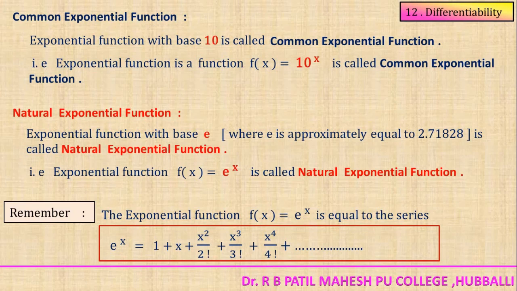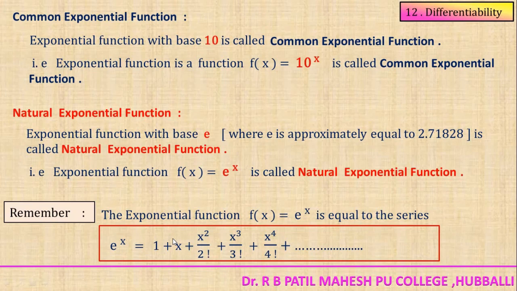Listen carefully: whatever x you take, suppose x is 0, then e raised to 0 is 1. Now in this series also, take x equal to 0, and you get 1 only, because all the other terms become 0, and 1 plus 0 is 1.